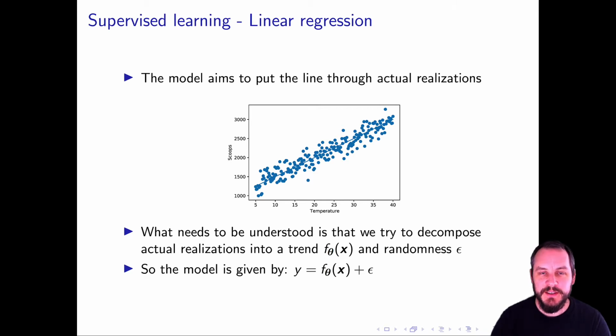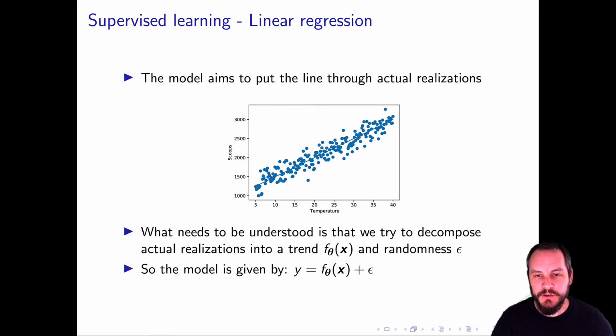If we stick to our example with the ice cream scoops, then we assume that there might be some relationship between the current temperature and the number of scoops we are selling in our ice cream store. So on this day, for instance, or in this hour, it was quite hot, almost 30 degrees, and then we sold this amount of scoops. Each point here represents a single observation or a single example from our data sample.